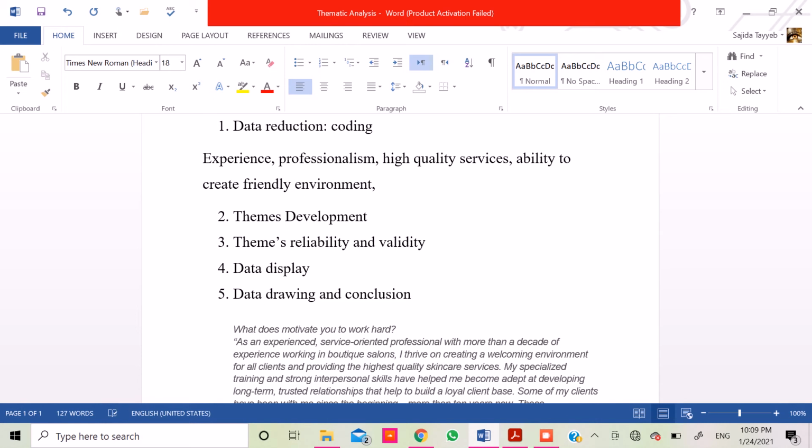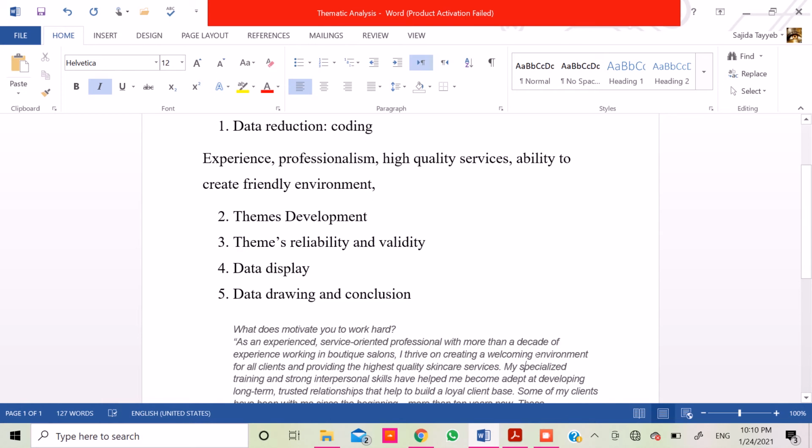But if you think that all the words combined make something like ability to create friendly environment, it does show that this can be one of the reasons for the person working harder, and what is motivating them, because they do have the ability to create a friendly environment, which is important for a successful business. So from this particular sentence, these are some of the codes that I could generate over here. So similarly, look into the others.